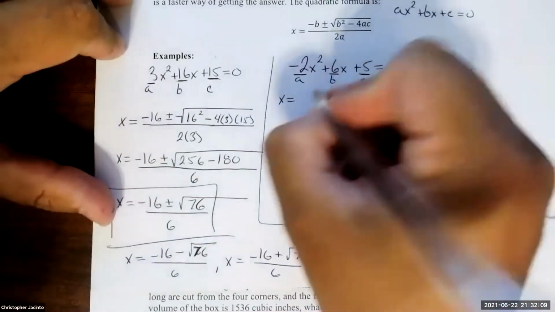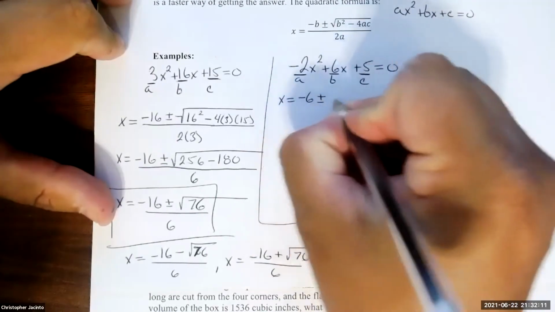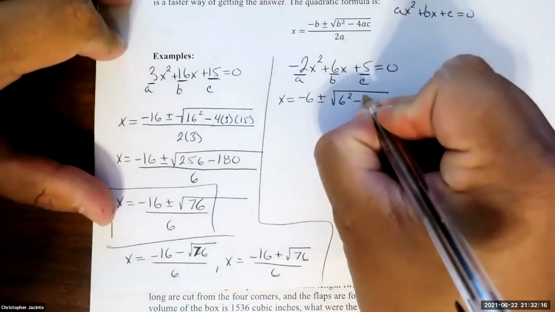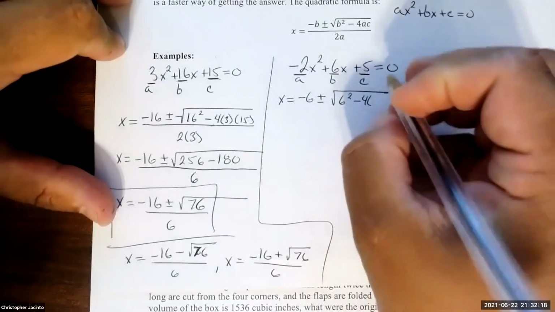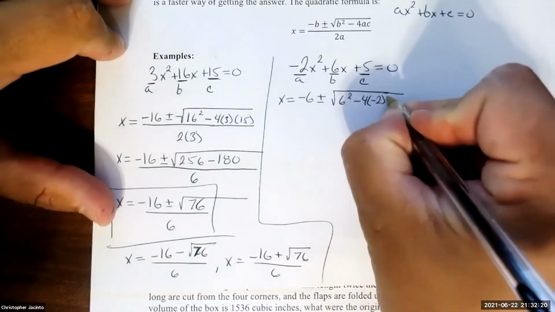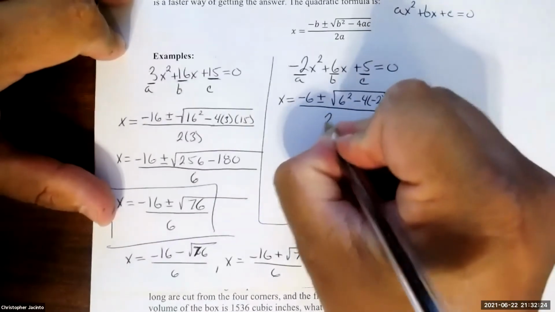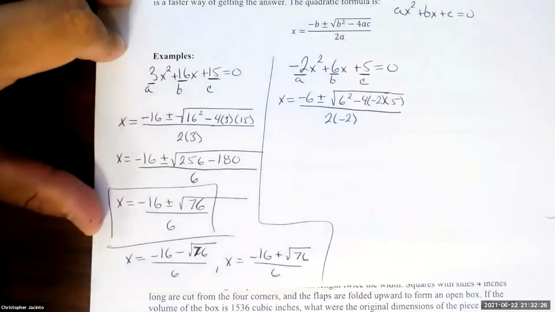So just plug it in. It's going to be minus 6, squared, minus 4 times negative 2 times 5, because that's A and C, all over 2 times negative 2.